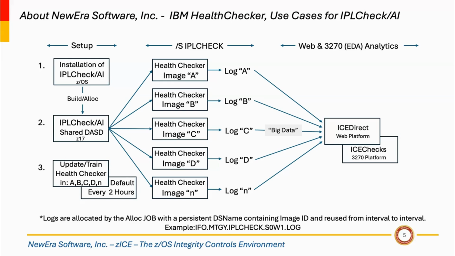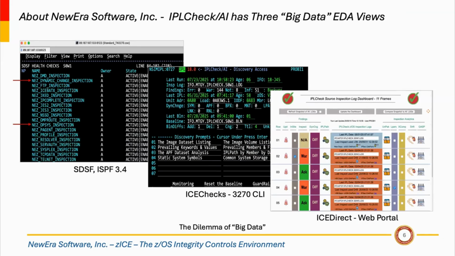At that point, you may have as many as 75,000 or 100,000 records that you might have to examine to determine what in fact might be a problem for you in your environment. So there are a couple of tools that we make available, a web platform and a 3270 platform that can be used for that exploration. And we're going to spend the balance of our time actually examining these 3 different alternatives.